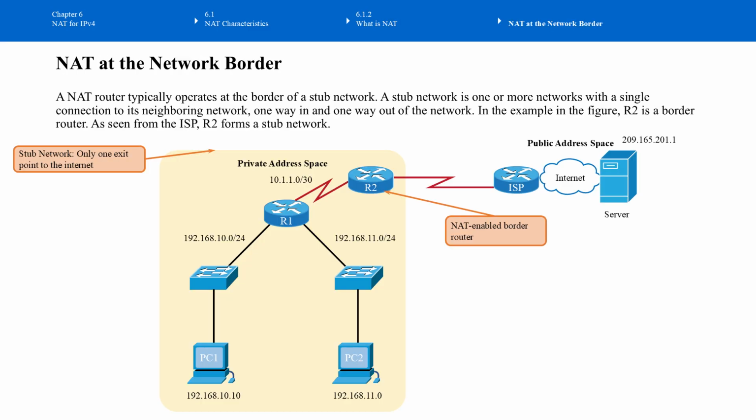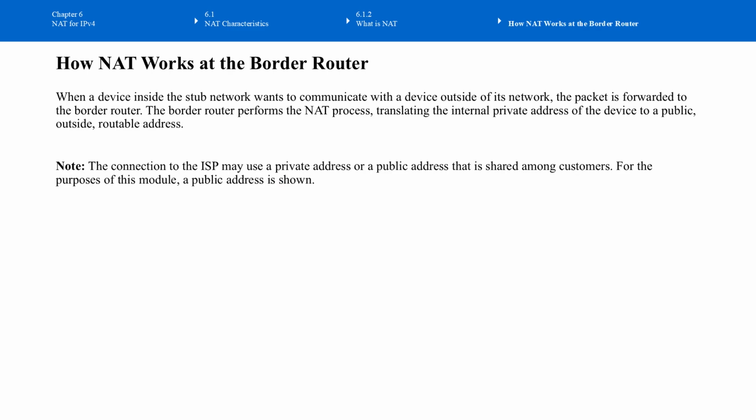As shown in the figure, a NAT router is typically placed at the edge or the border of a private network. This router connects the organization's private network to the public internet. Because it sits between the two networks, it is also called a border router. When a device inside the stub network wants to communicate with a device outside the network, the packet is forwarded to the border router.